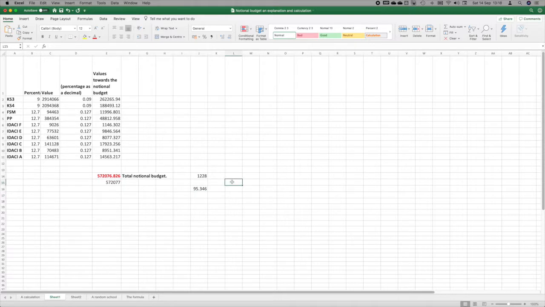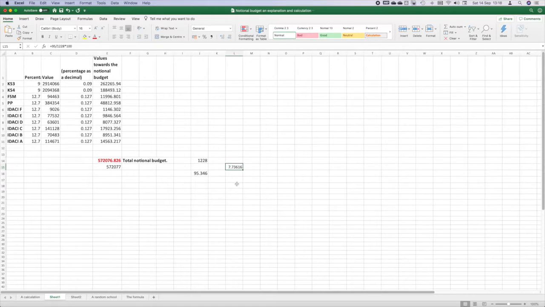So if I take that 95 and calculate it as a percentage of 1,228, and let's put my times 100 in there as well, and then enlarge that because for some reason it's smaller than the rest of the screen. There we go. Ooh, I did the wrong button again. So again, I'm only being funded for 7.7% of my school population as being SEN pupils who would need the full notional £6,000 budget.